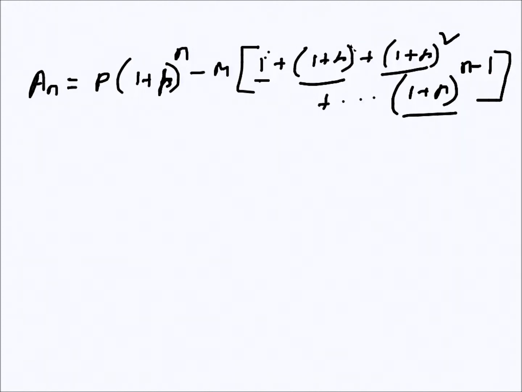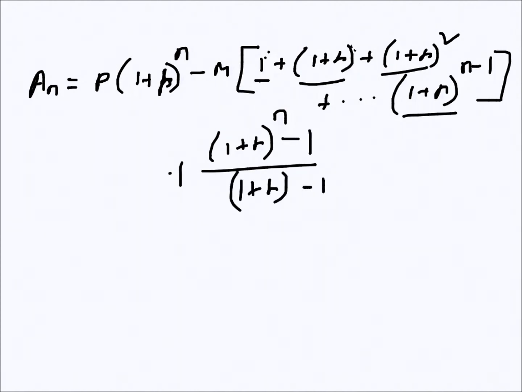So the number of terms is n here, and that's why the sum was like that, with first term 1 and common ratio 1 plus r.